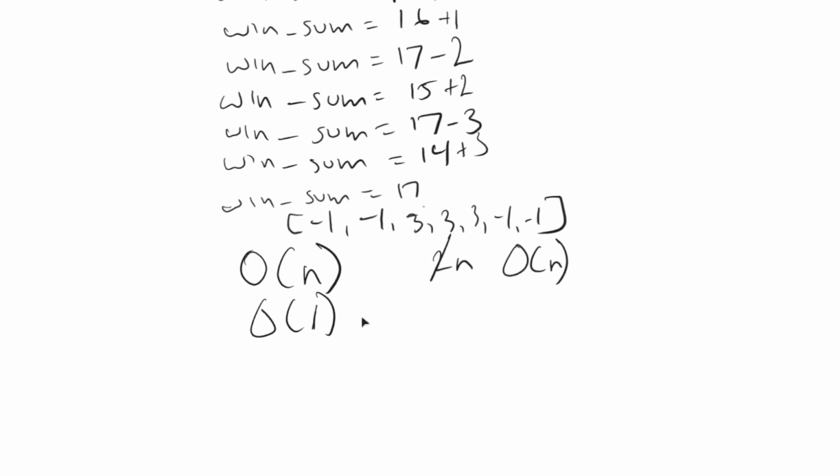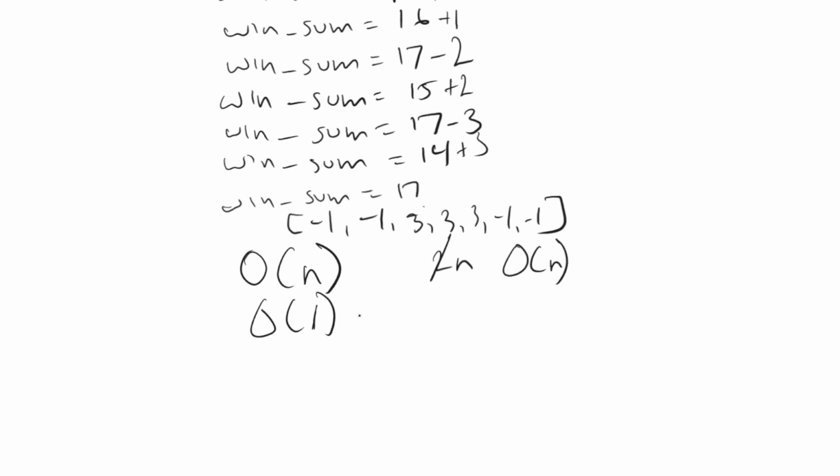And our space is just O of 1 because we're not using any external data structure or any variable size list in comparison to the input. All we're using is a regular integer variable to keep our rolling sum, or our window sum, as we're going through the array.